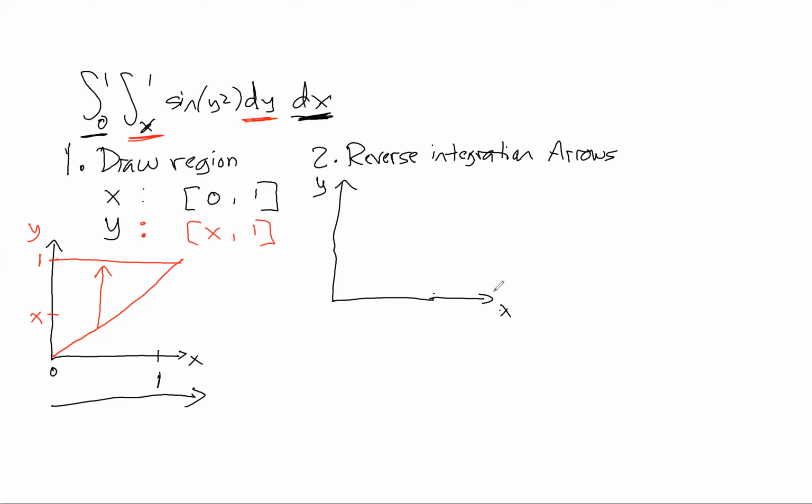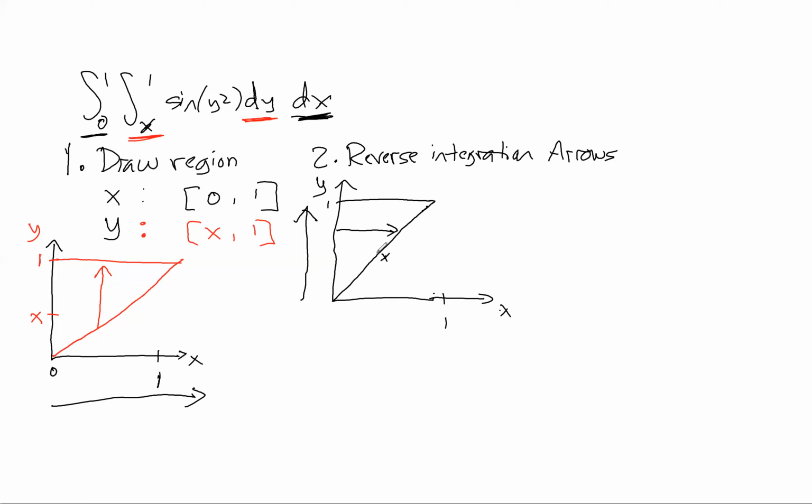So here's y, here's x, and here's our triangle. Now I'm going to change that up arrow to a side arrow, and this side arrow to an up arrow. This is still 1, this is still 1, and this is still x.